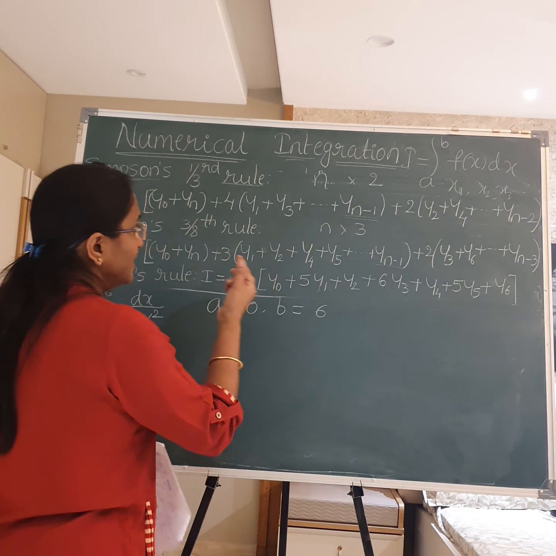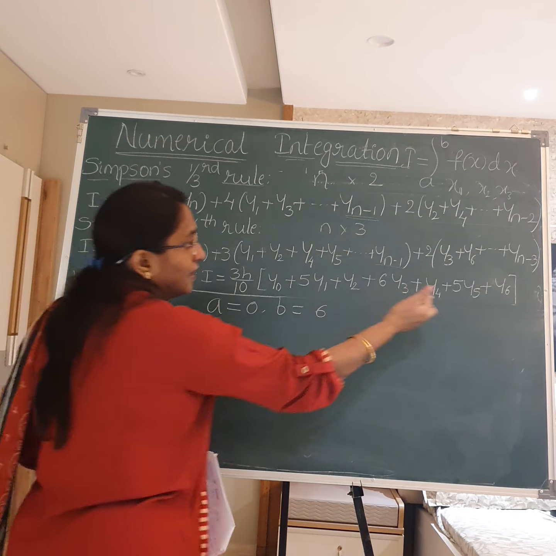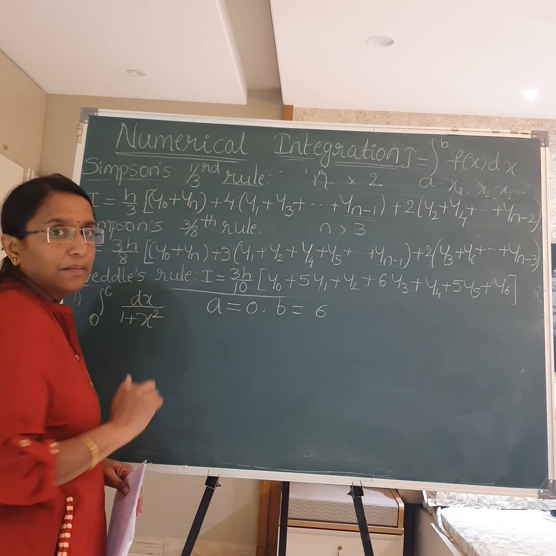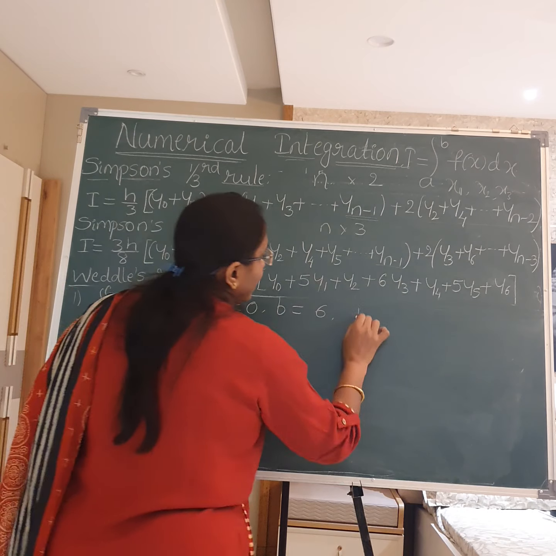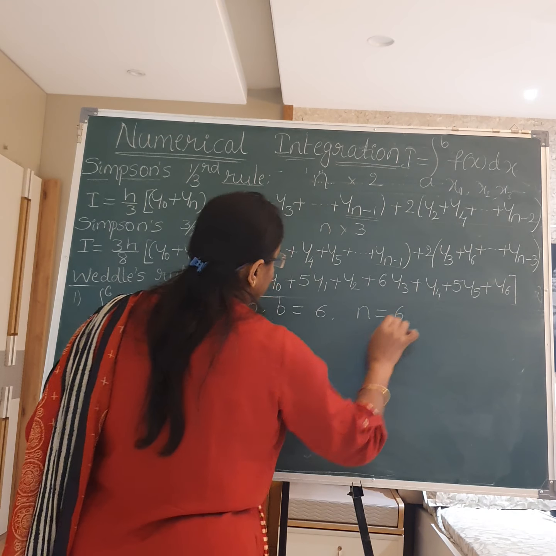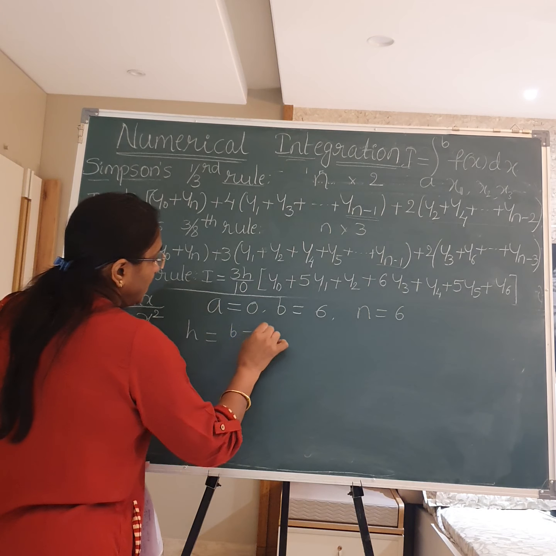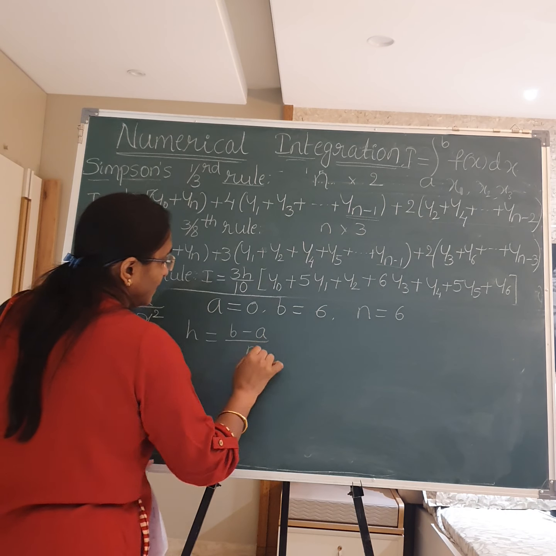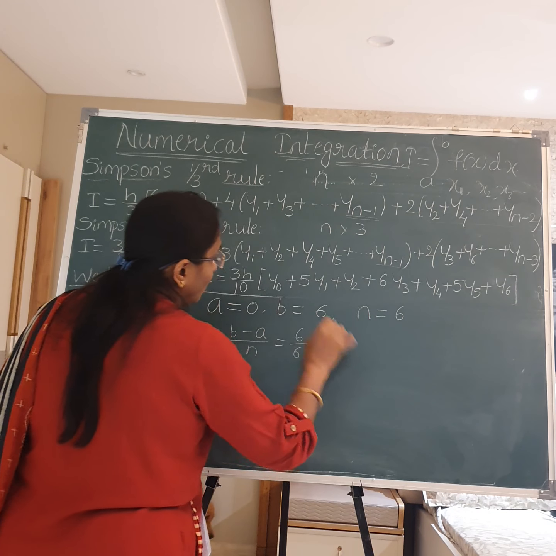For the 3/8 rule we have to take 3, 6. If it is 6, all three can be applied. Since it is not given here, we can take n is equal to 6. So h is equal to (b minus a) by n, that is 6 by 6, so h is equal to 1.